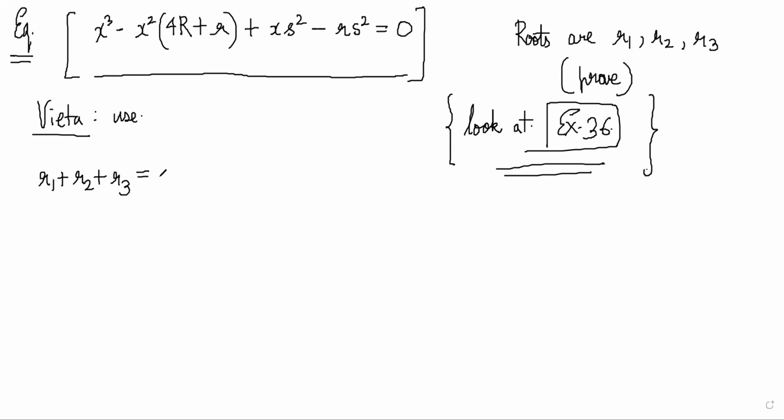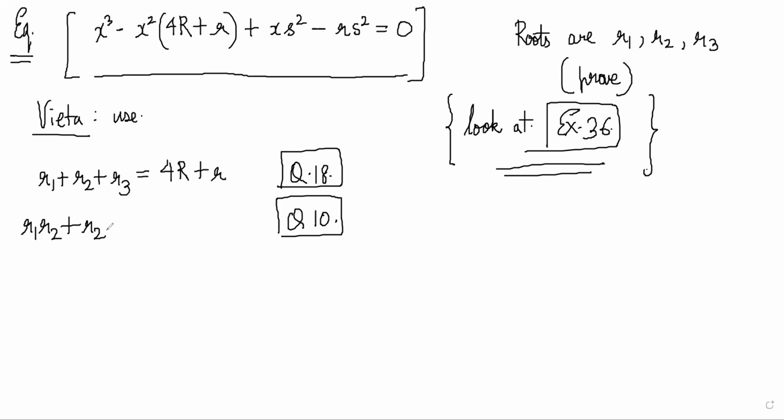That is question number 18. And we also know, now we use the second one, R1 R2 plus R2 R3 plus R1 R3 is equal to the coefficient of s, which is s square.